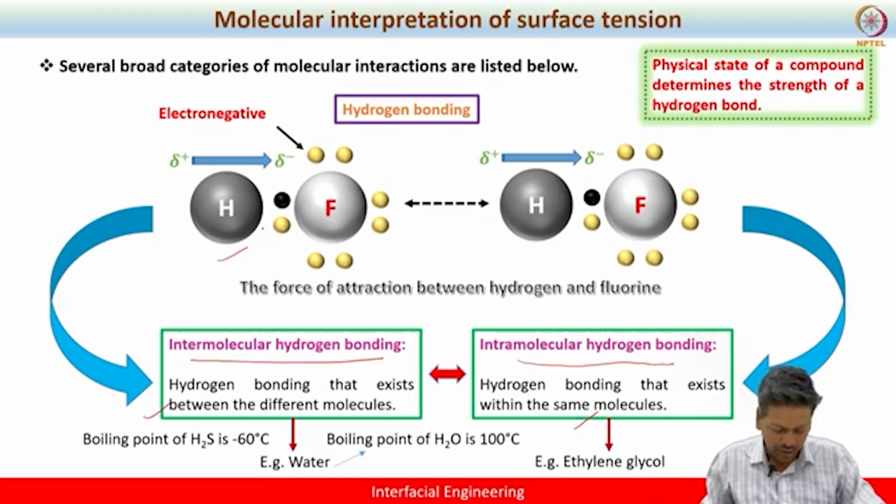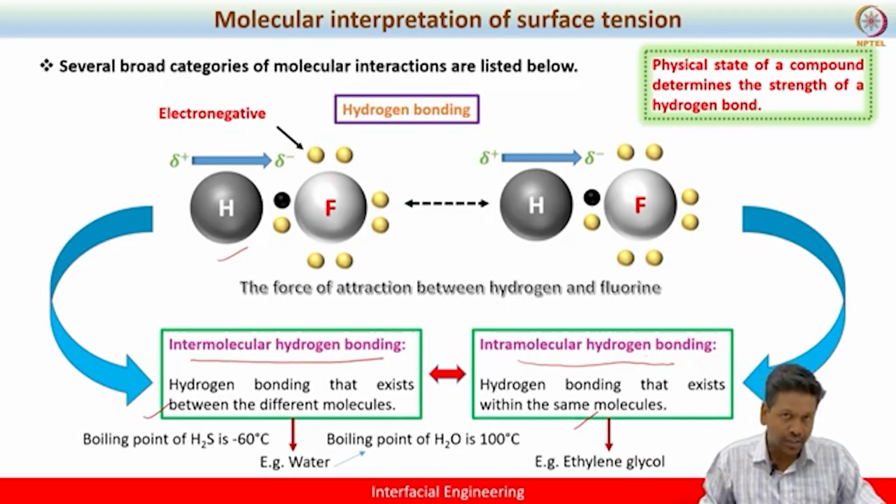So how the hydrogen bonding takes place in this case is you've got hydrogen and you have fluorine. Because fluorine has a number of valence electrons, that is 7, it hogs electron from the hydrogen so that it can complete its valency, right?